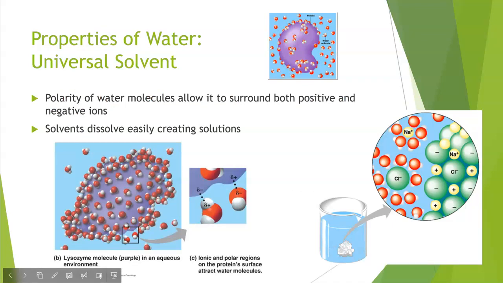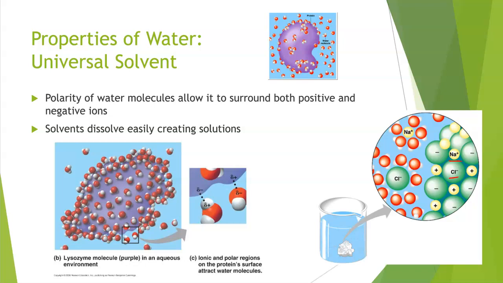And another property of water is that it is a universal solvent, which means that it is able to easily dissolve other molecules. Because it has a partial positive and a partial negative charge, it will be able to take ions, like the ions here that make up salt, sodium chloride, and it's able to wrap itself around each of those molecules, and it's able to dissolve that in the water.